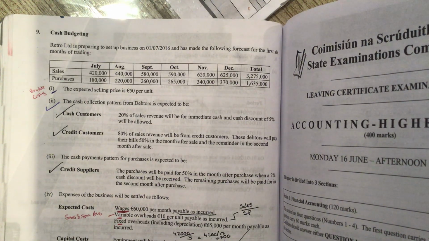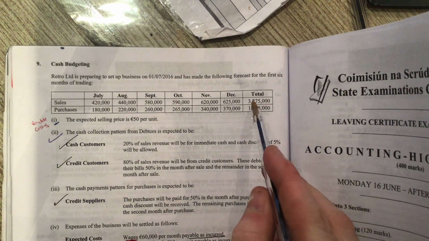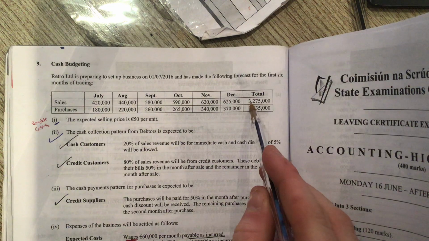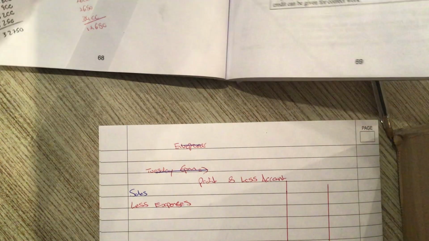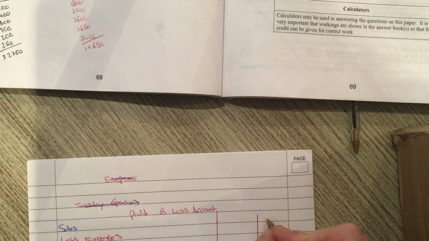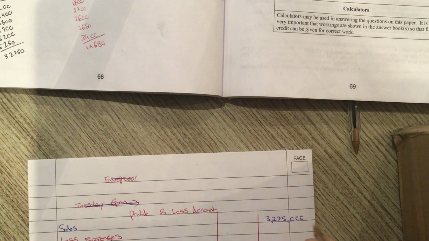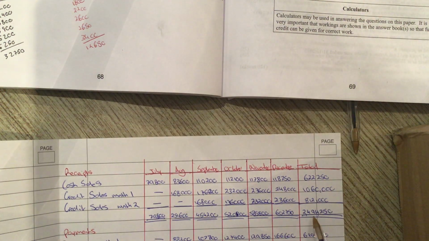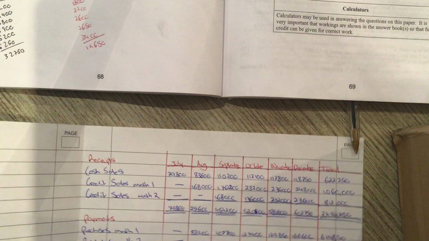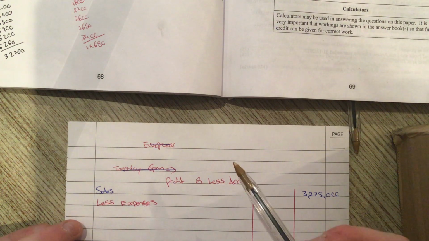So my sales figure, as you know, is obviously going to be from the top here, right? So my sales figure is total 3,275,000 euros. So if I throw it over here, 3,275. Now somebody might be asking, how come we're not taking the total sales here? Because we need the total sales for that accounting period from June to December.